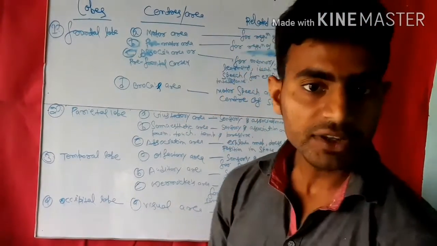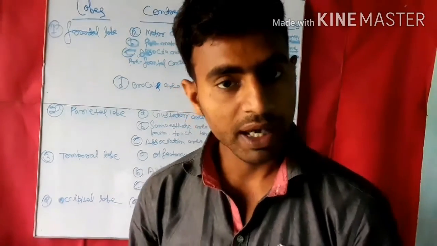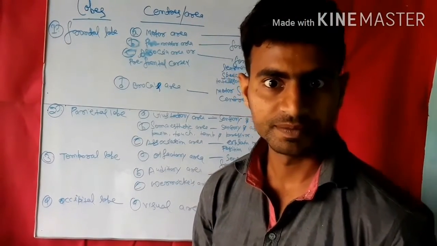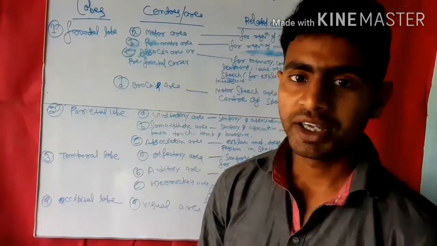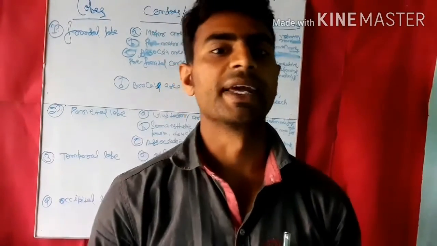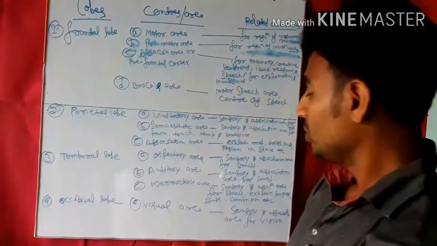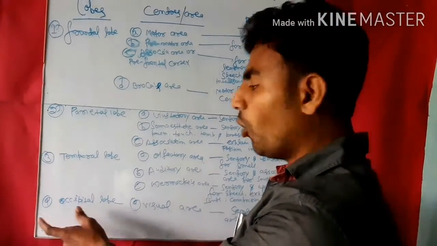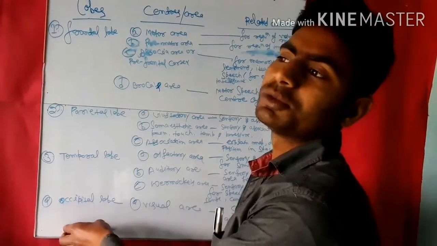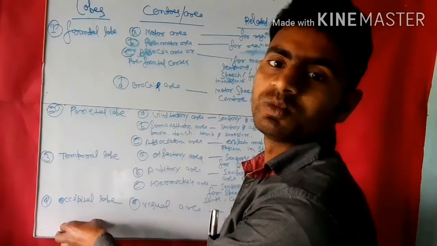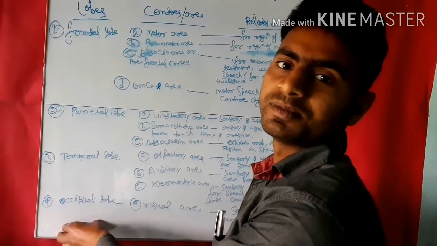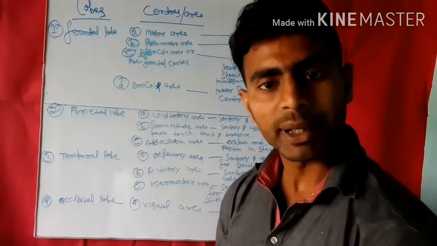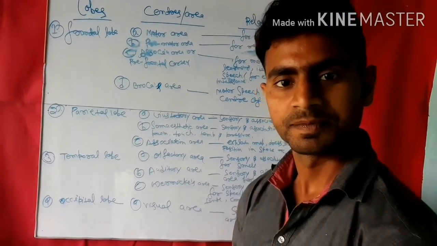The occipital lobe is present in the cerebrum, and the cerebrum is part of the forebrain, not the frontal lobe. This means the visual area is part of the occipital lobe, the occipital lobe is part of the cerebrum, and the cerebrum is part of the forebrain.